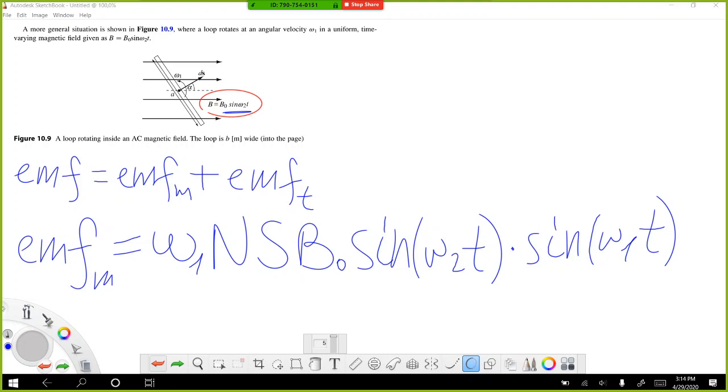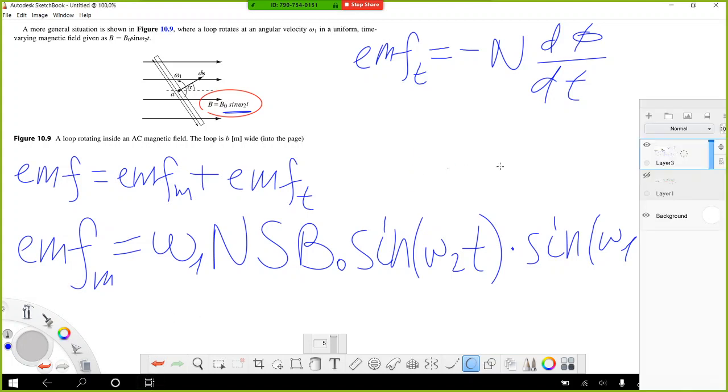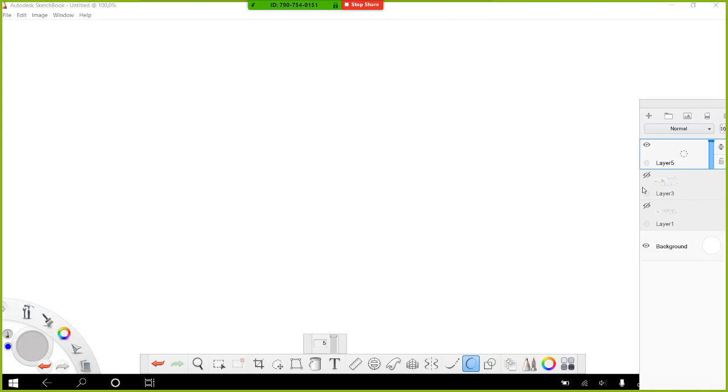And the transformer effect electromotive force is equal to minus N d phi over dt. Okay, let's go to the new page. Let me write here the transformer action electromotive force.